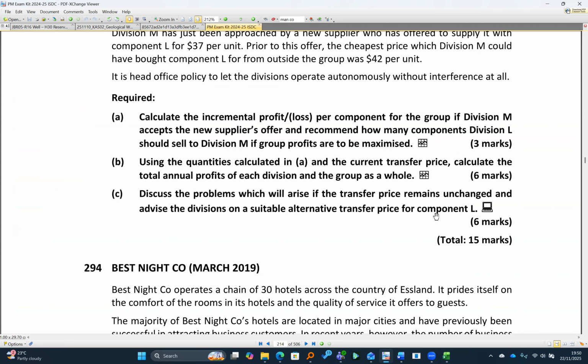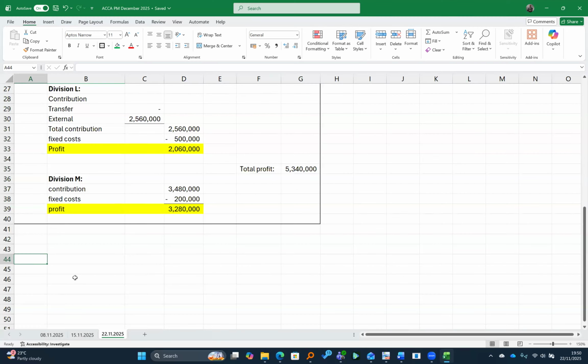Now here, the problems. The biggest problem is actually what we call goal incongruence. It is the biggest problem with transfer pricing, where the goals of the division and the company as a whole are misaligned.